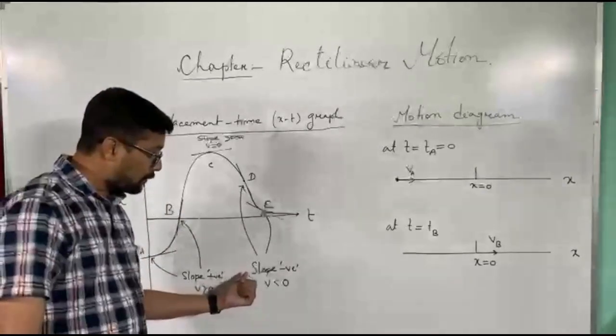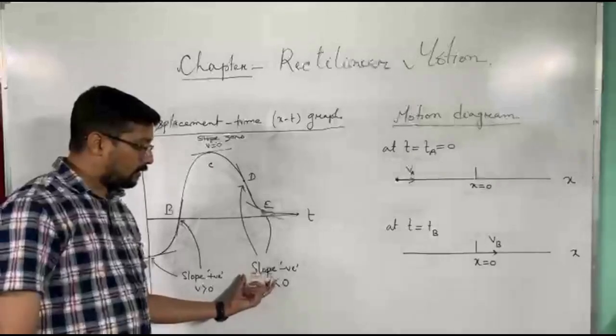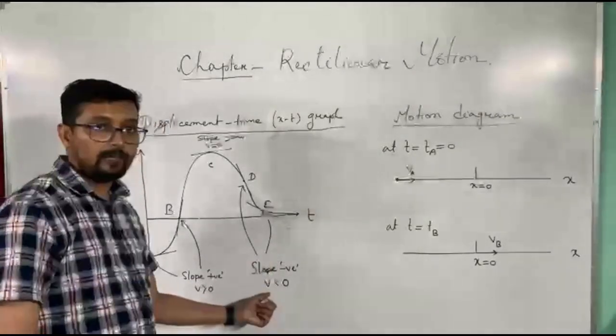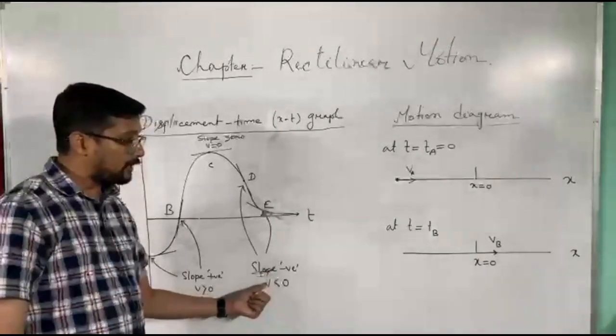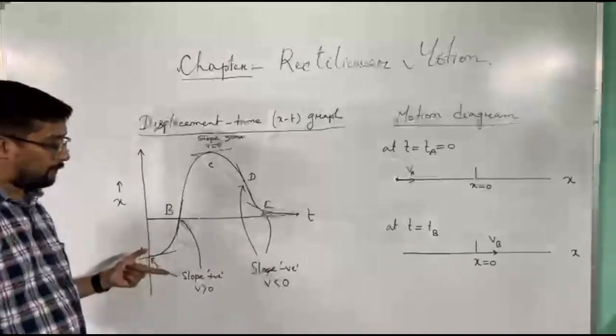And if slope is negative, that will mean that the object is having a negative velocity. Negative velocity means the object is moving in the negative direction.